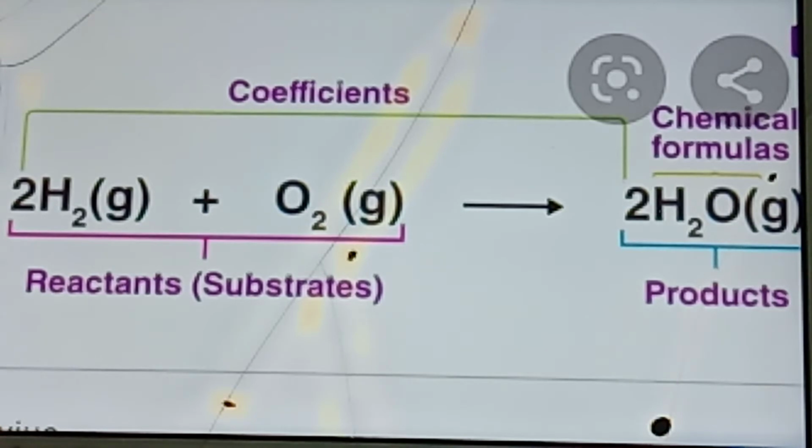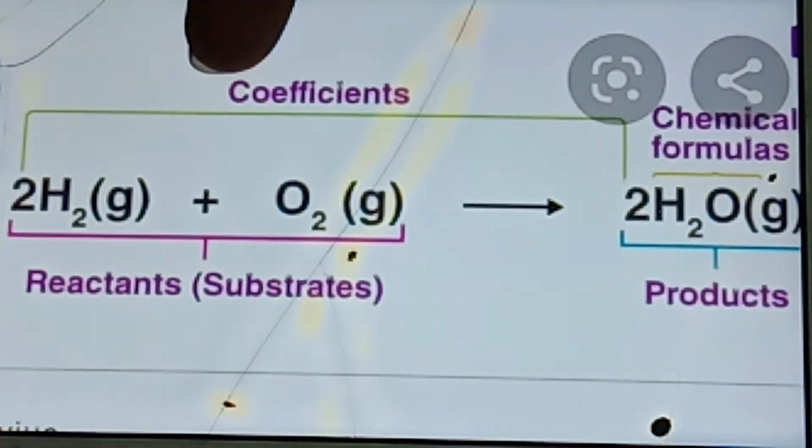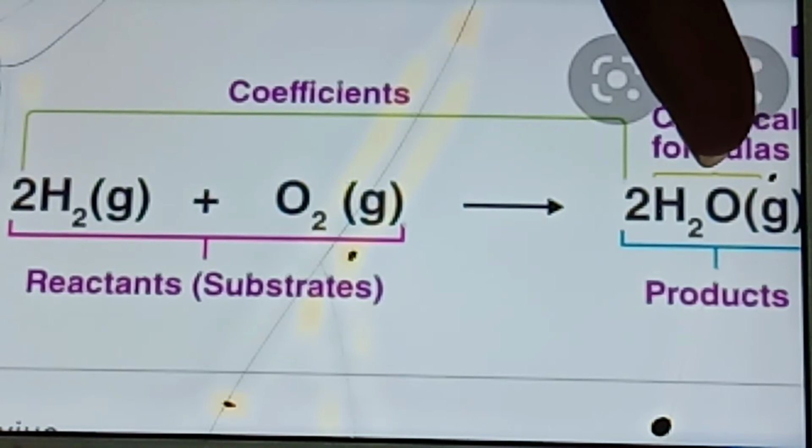One is the reactant and another one is the product. Reactants are the substances that take part in a chemical reaction, and the products are the substances that are formed in a chemical reaction. These are the reactants and these are the products.